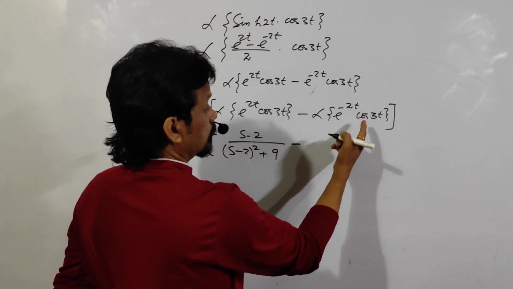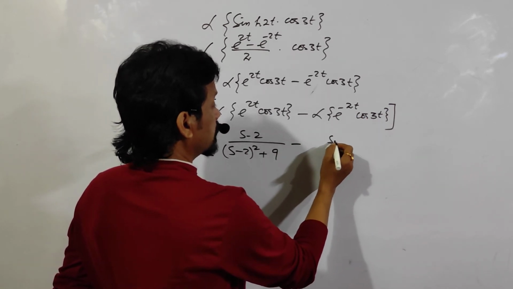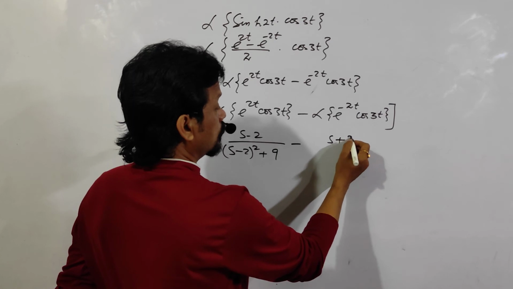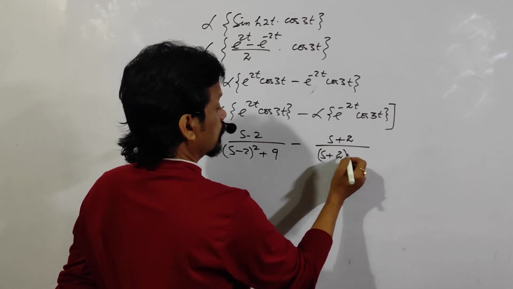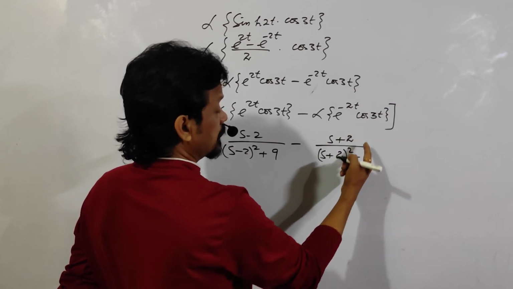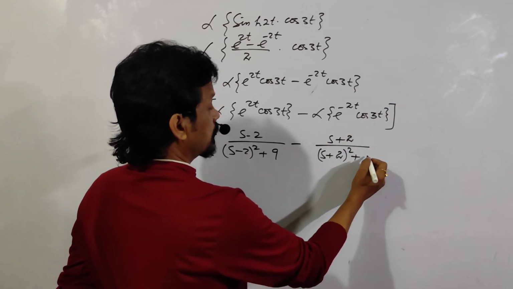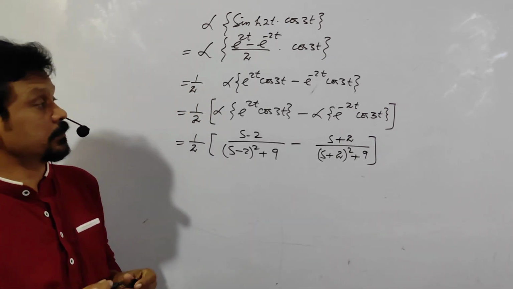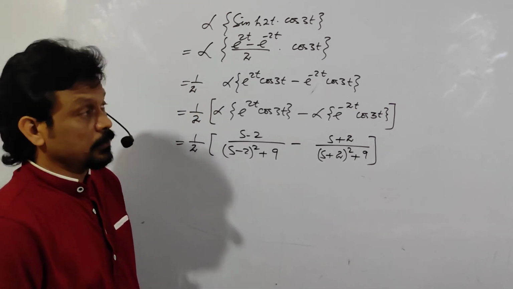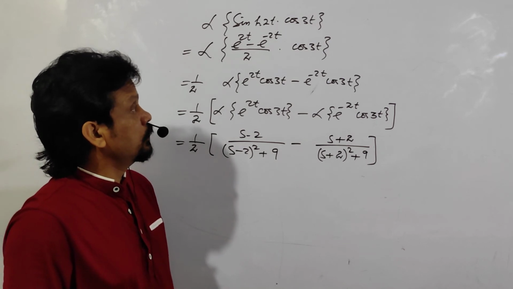This one, cos is there, so s plus 2 divided by s plus 2 whole square plus 3 square, it is 9. So this is your formula. This is your answer. So in this way you can do the problems.